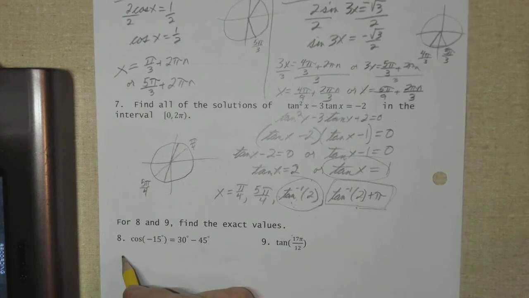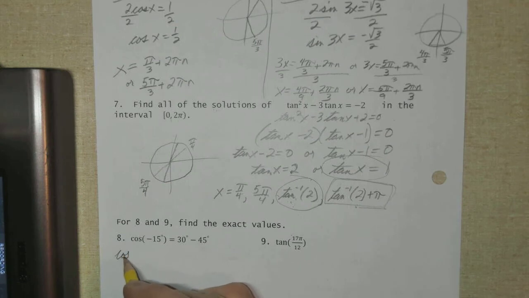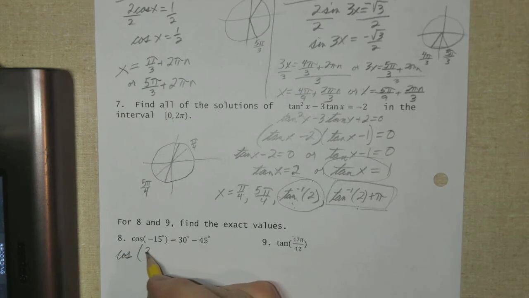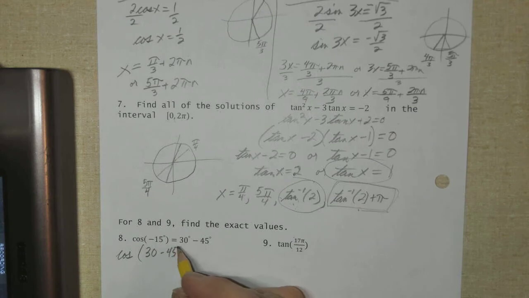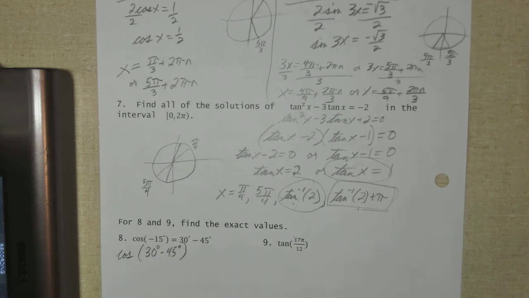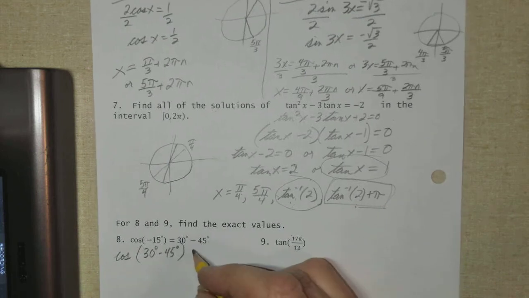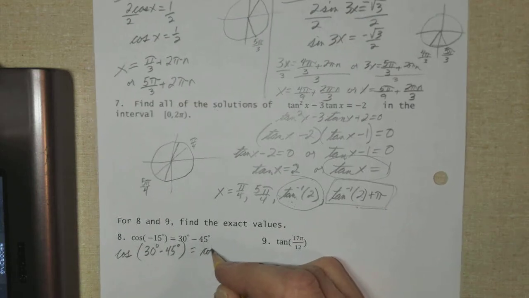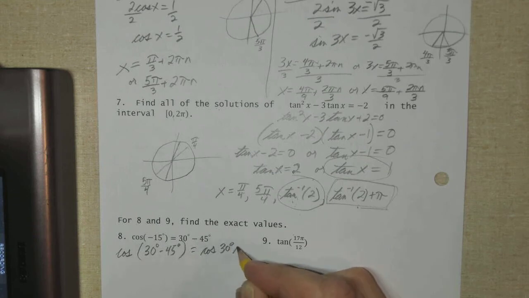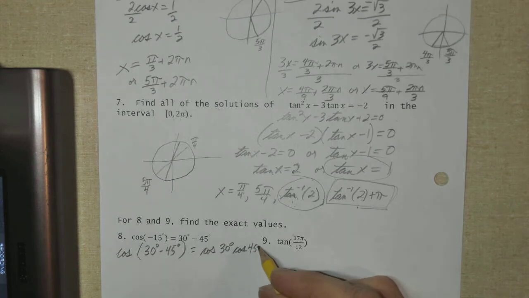Alright. Cosine of negative 15, the cosine of 30 minus 45. That makes negative 15. And the cosine of the difference is cosine U, cosine V. So cosine 30 degrees, cosine 45 degrees.